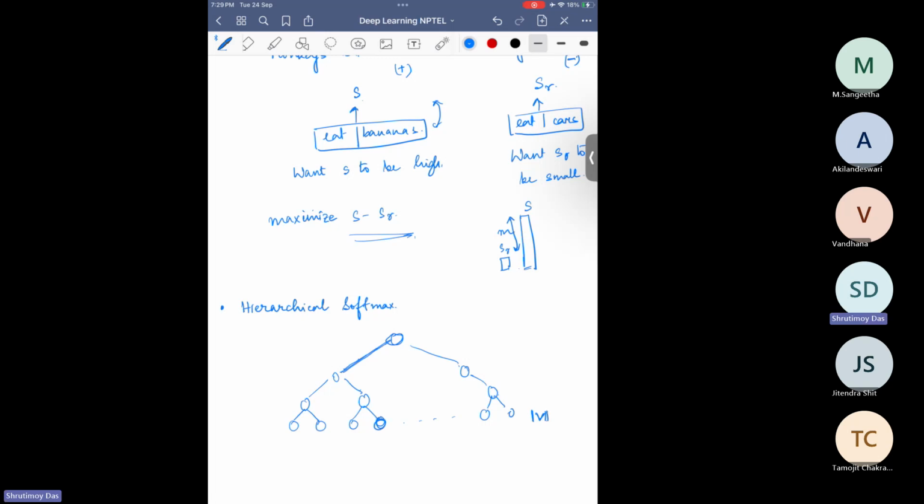What is the height of the tree? This is log V, right? Because you have V nodes, it should follow a path of length log V to come from the root to the leaf of the tree.